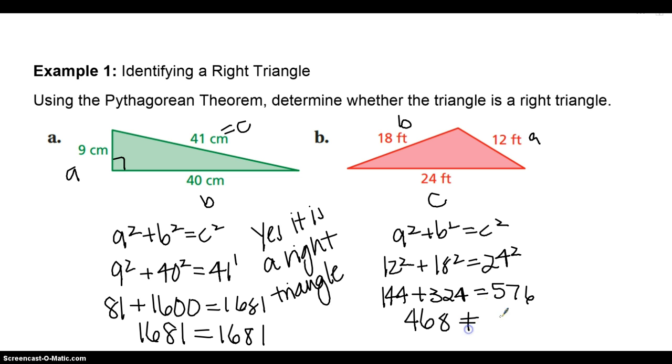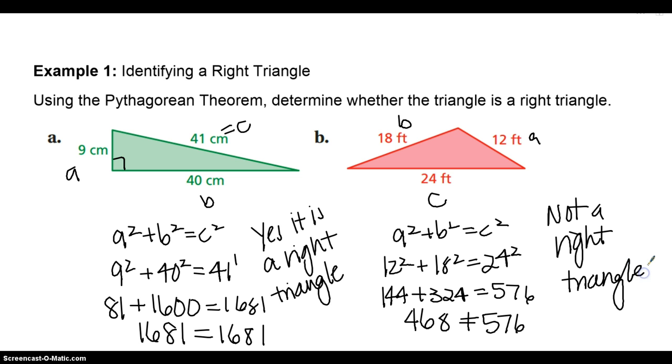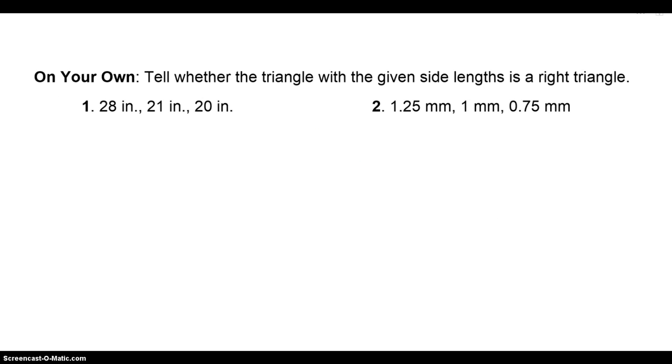And since 468 is not equal to 576, this is not a right triangle. So that is the converse of the Pythagorean theorem. You plug in the three sides and see if a squared plus b squared really is equal to c squared. If it is, it's a right triangle, and if it's not, it's not a right triangle.